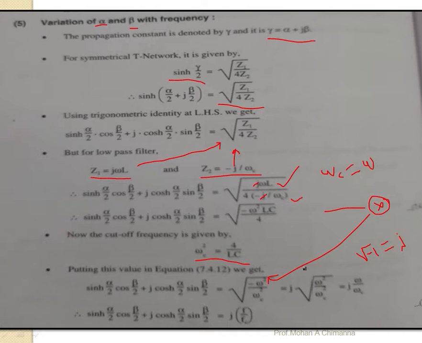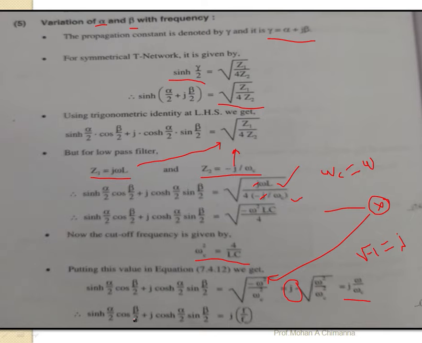So omega upon omega c, the whole squared, gets cancelled with the root, and j omega upon omega c remains.